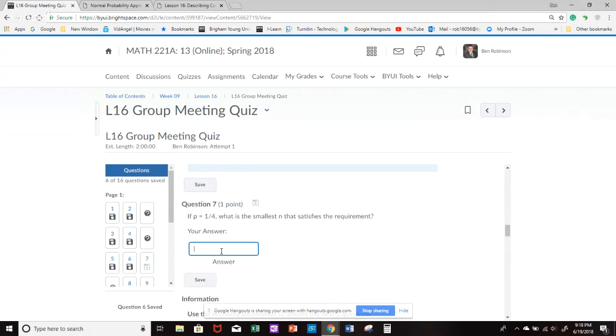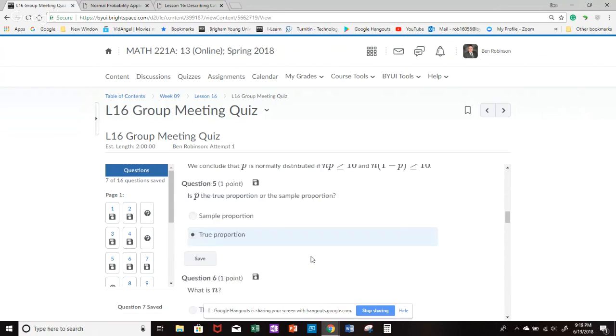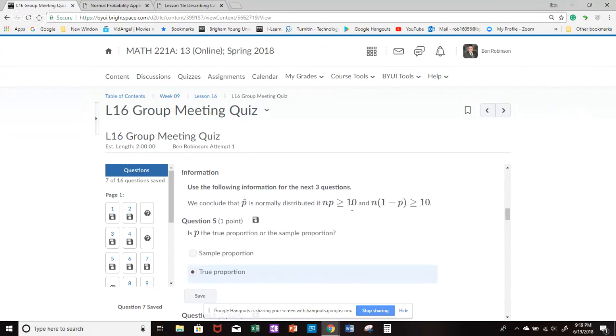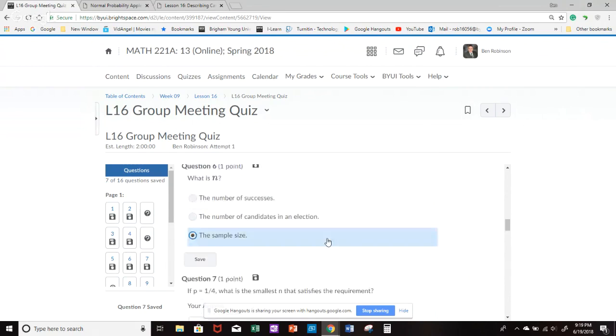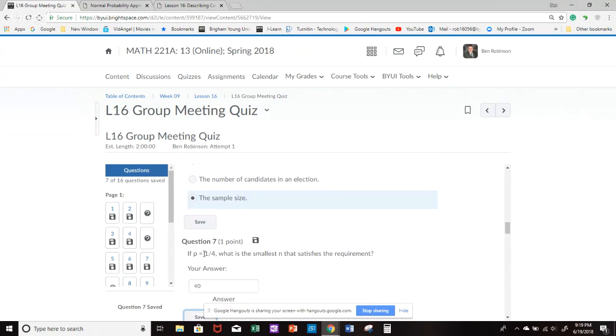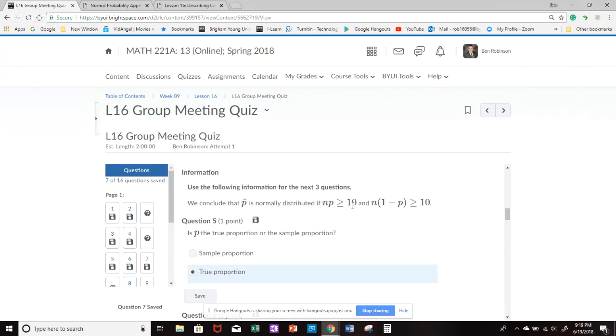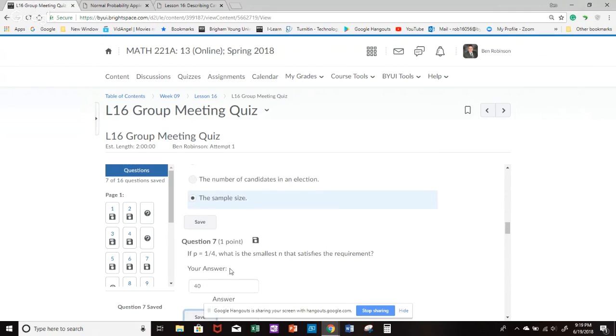I agree. We just need to follow that. So really, to answer that question, you take 1/4 and take the inverse, 4, and multiply it by 10. Okay, thank you.